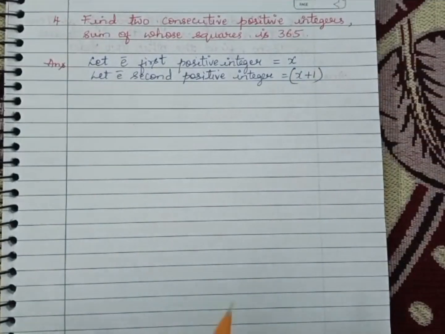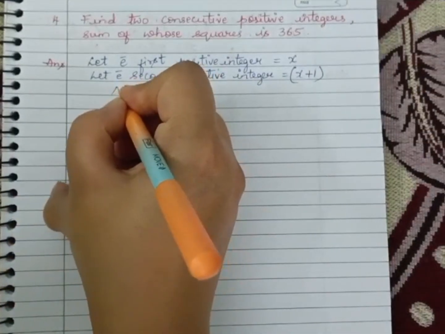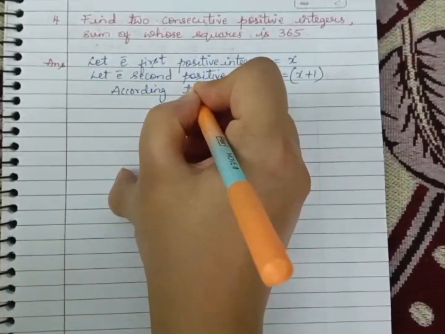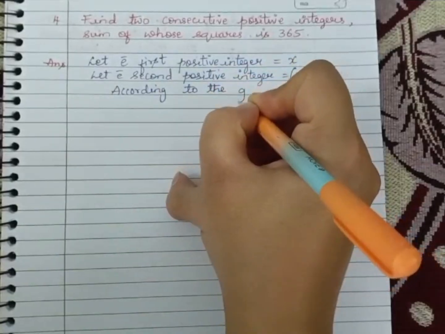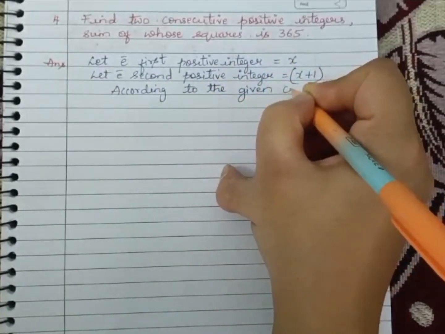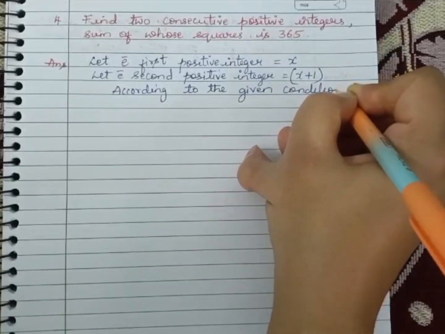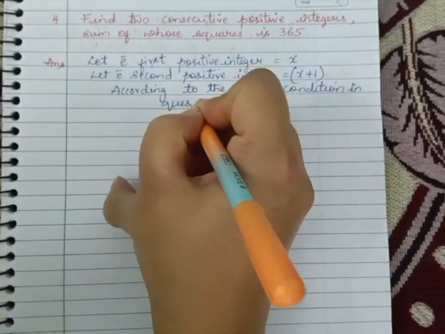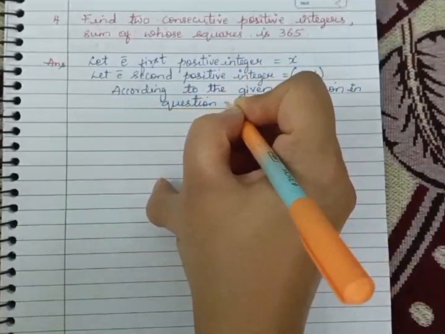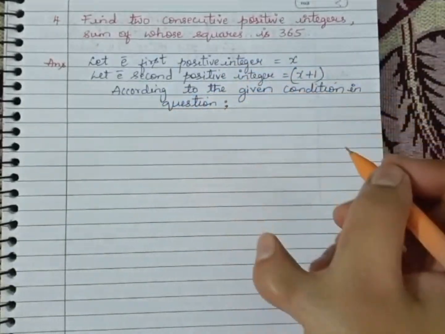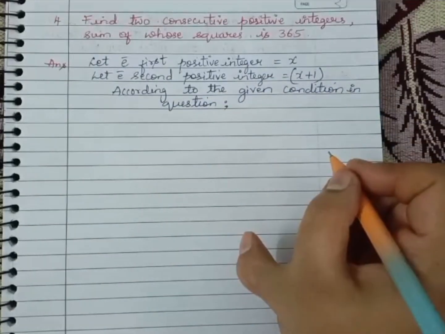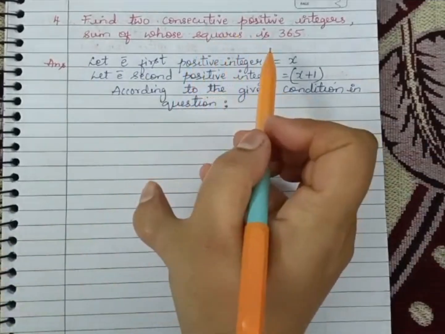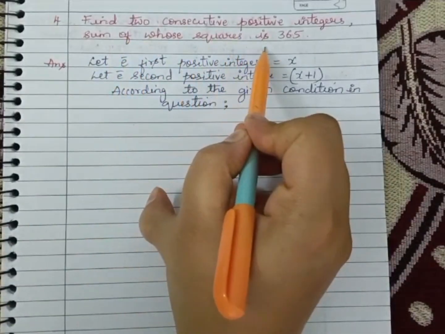Now, according to the given condition in the question, we have that sum of whose squares is 365.